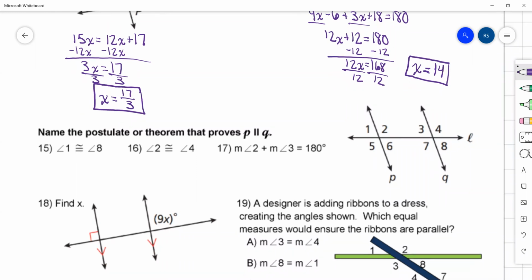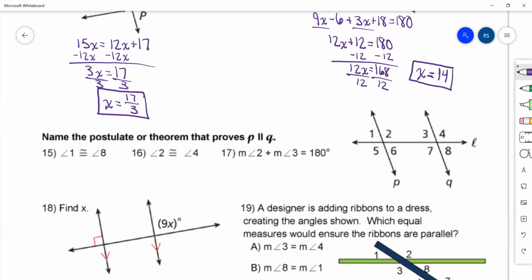Okay, next three, we have to essentially state the relationship that makes P parallel to Q. So what kind of angle are they? Well, 15 asks us about 1 and 8. What kind of angles are those?